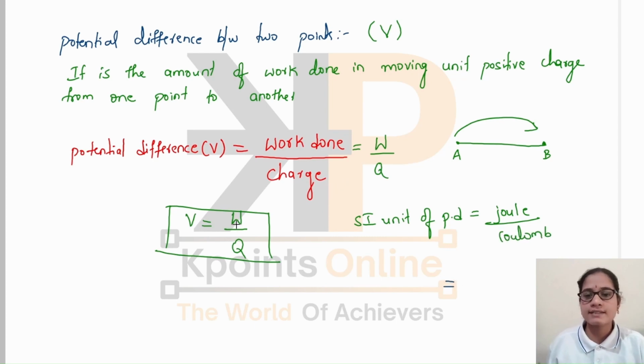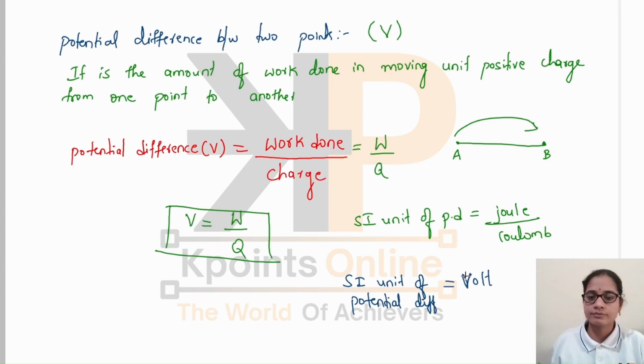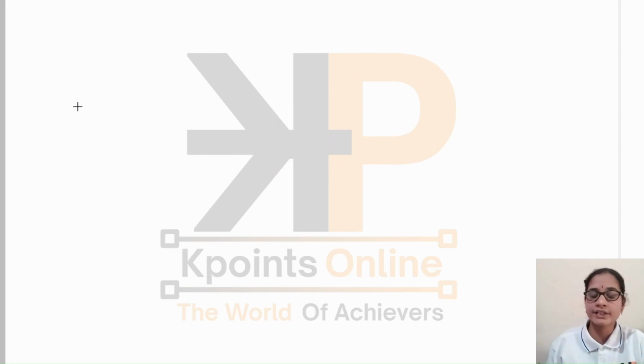And this SI unit of potential difference, joule per coulomb, is given the name volt, in the name of the Italian physicist Alessandro Volta. So the SI unit of potential difference is equal to volt. Now let's define here the meaning of 1 volt.